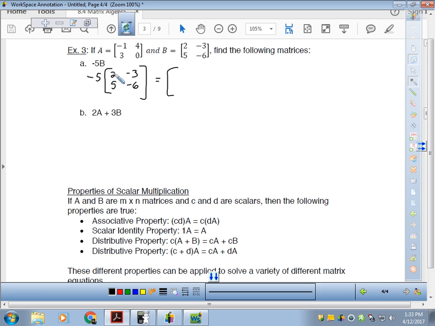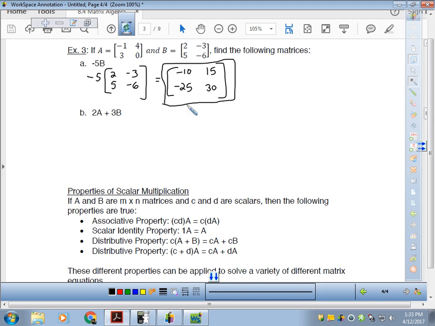So negative 5 times 2 is negative 10. Negative 5 times negative 3 is positive 15. Negative 5 times positive 5 is negative 25. And negative 5 times negative 6 gives us positive 30. And so that would be the result of that scalar multiplication.